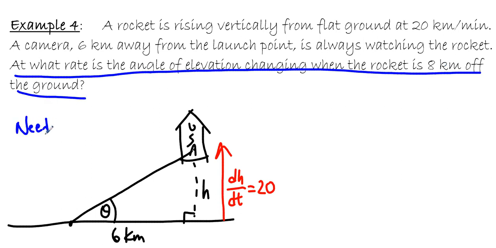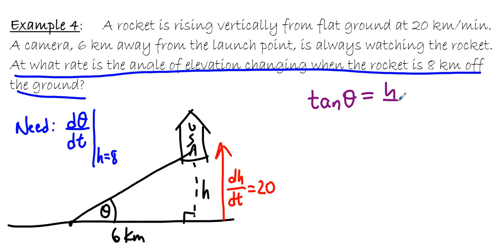We need the rate at which the angle of elevation is changing when the rocket is 8 kilometers off the ground. So we need a relationship between h and theta. And, well, that's tangent. In fact, h is 6 tan theta.